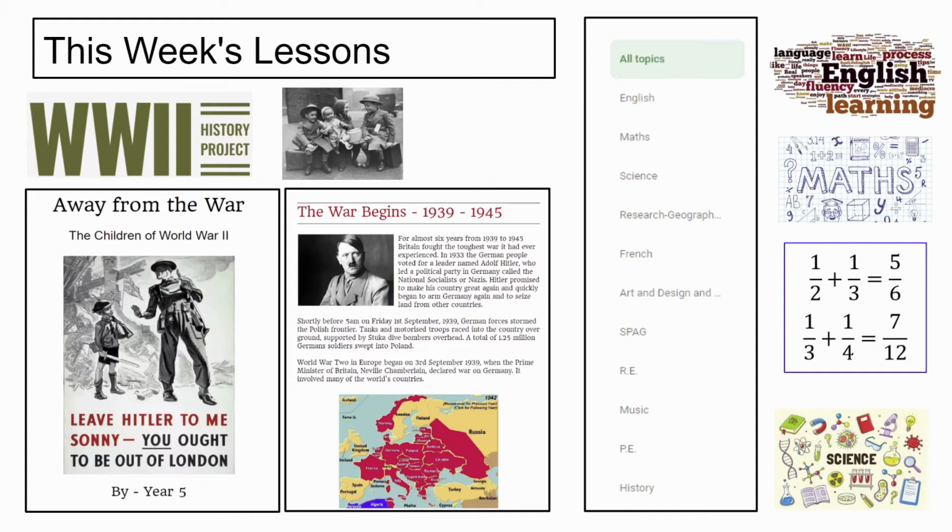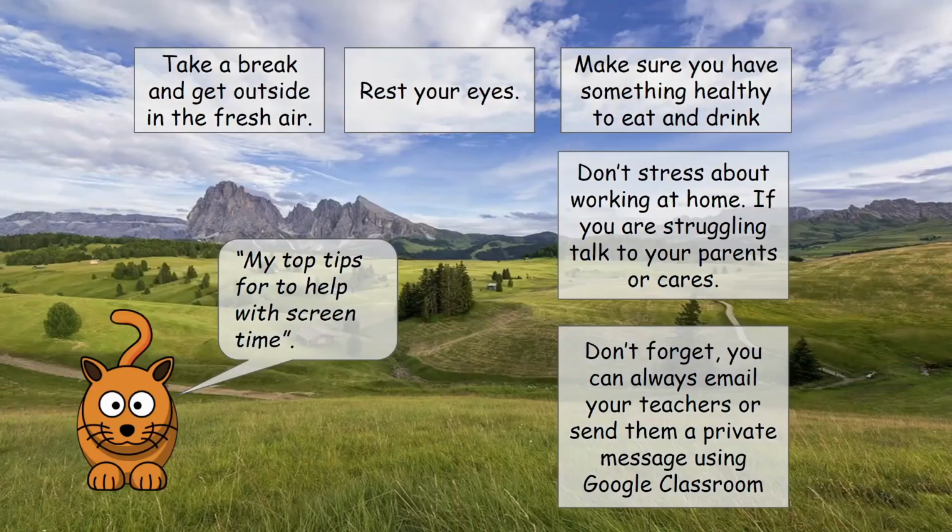But one of the things we will be doing, if you look at the left hand side of the screen, we're going to be introducing a brand new project for children to be doing, which is World War II, and we'll be concentrating on the children of World War II. What you're actually looking at there is a real project I did with a school in Stockport. So I've just taken some screenshots from that and used it as an example, but we will be introducing that topic to children. That will be in part 2 of this live lesson.